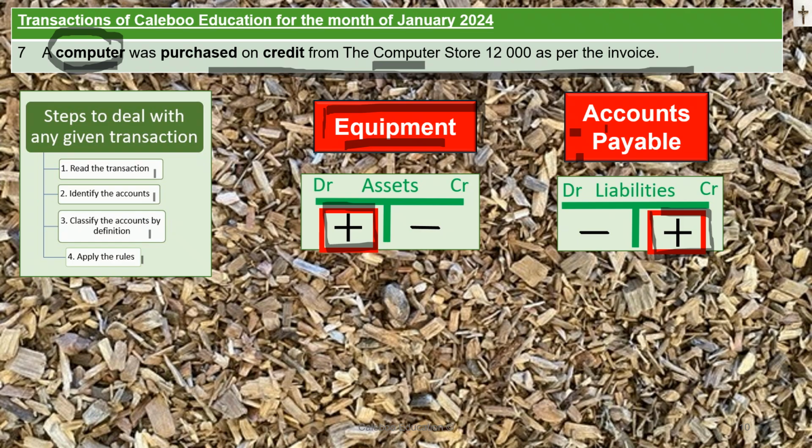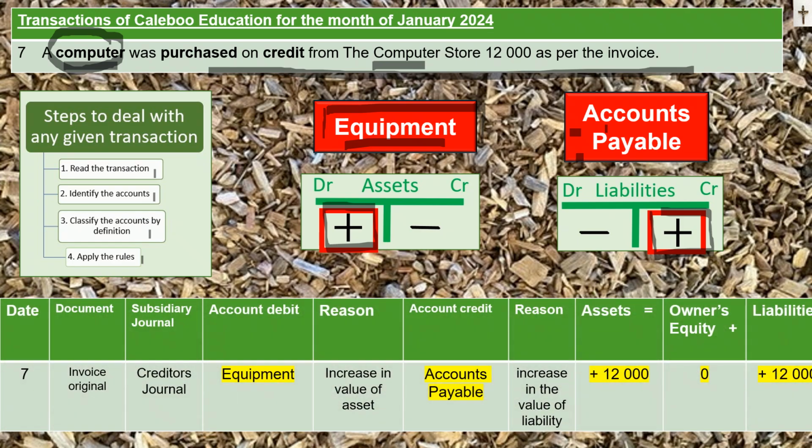Increase in assets debit, increase in liabilities credit. So the account that was debited is equipment. The account that is credited is accounts payable. The value of the equipment, which is an asset, has increased by 12,000 plus 12,000. No drawings, no income, no capital, no expense. There's nothing under owner's equity. But as a result of this transaction, what we owe has increased by 12,000. There we go.